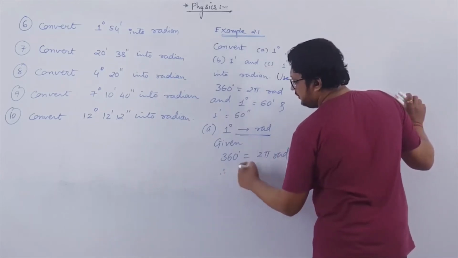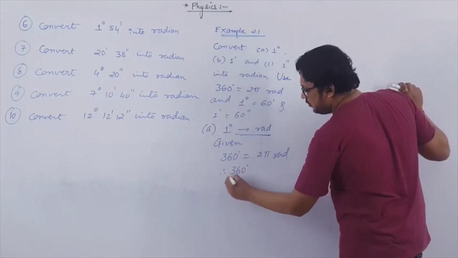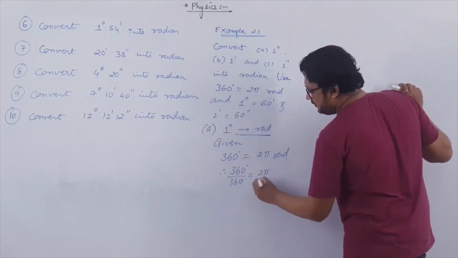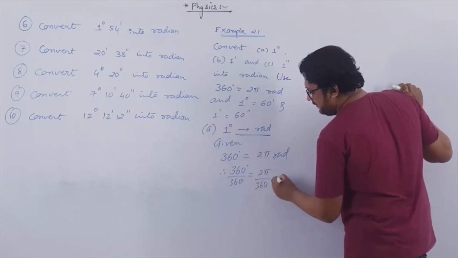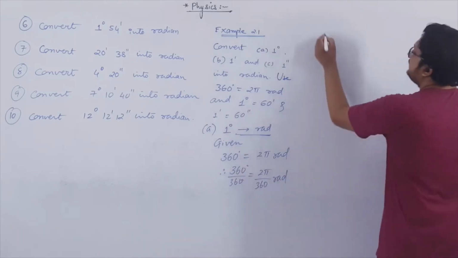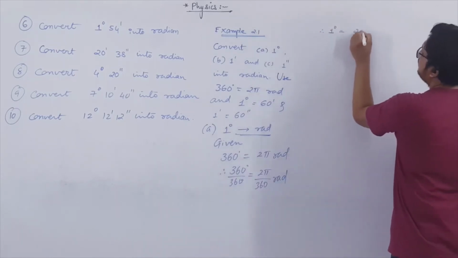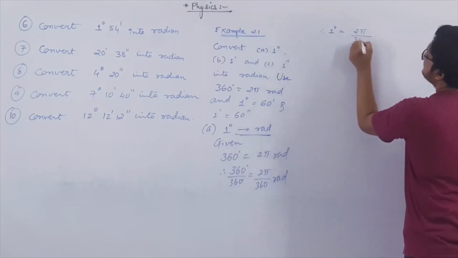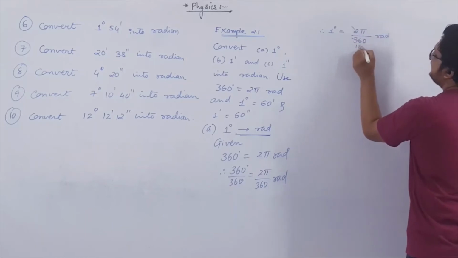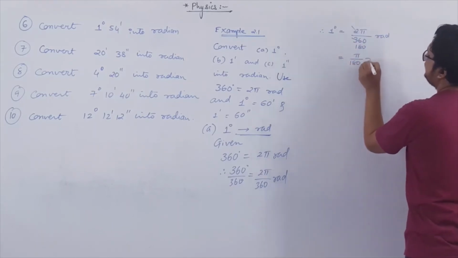Therefore, if you divide both the sides by 360, we are dividing both the sides by 360, so this will get cancelled out and we will get 1 degree equal to 2 pi over 360 radian. If you cancel 2, you can say that this is pi by 180 radian.